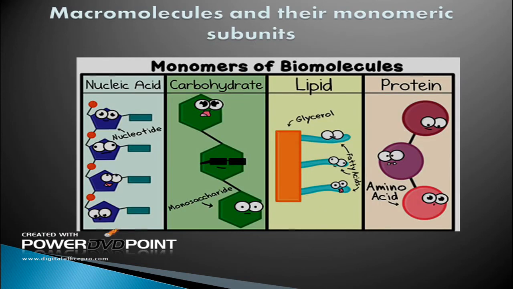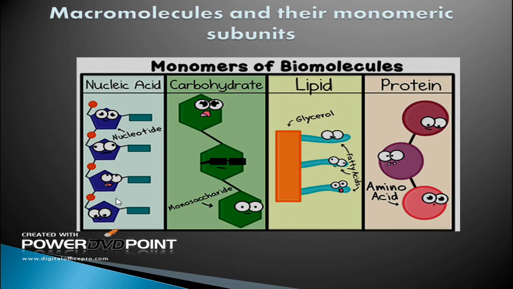Now, macromolecules and their monomeric subunits. A brief glimpse I am giving here, and we will deal with all of these one by one in the upcoming videos. So for carbohydrate there is a separate video, for nucleic acid there is a separate video, for lipid there will be a separate video, and for proteins there will be a separate video.